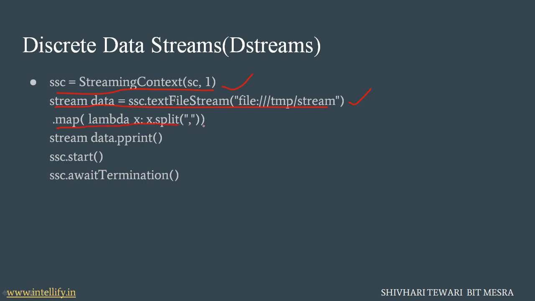Then .map, where we use the separator to separate the values in a table using some command symbol. Then streamdata.pprint to print the data in the data streaming. Then there is start, and then after, if the streaming is done, we will use the termination command to terminate the database.